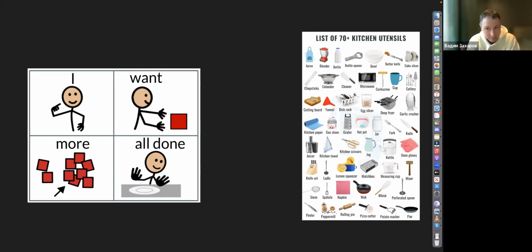On the right side of your screen, you can see a list of 70 kitchen utensils. And it could be animals, it could be kitchen utensils, it could be different names of different transportation modes, and cars, houses, all those words. It could be lots of phrasal verbs that you don't even know how to use yet, but you start learning them.